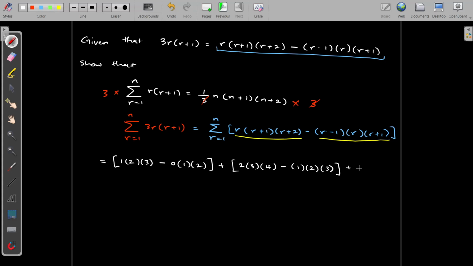And if this continues, let's do the nth term. When r is equal to n, we will have n times n plus 1 times n plus 2 minus n minus 1.